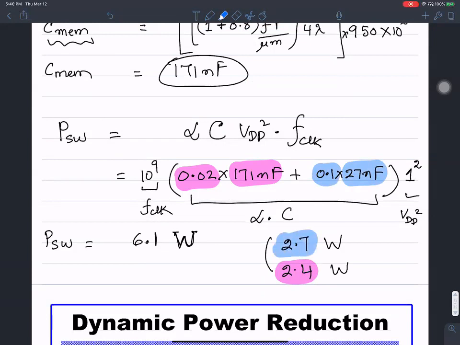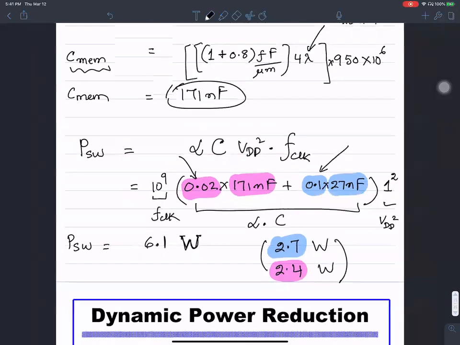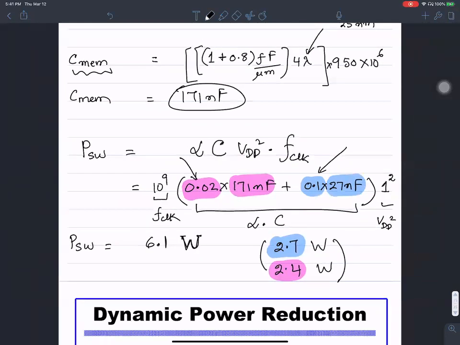Both of these power components are comparable, and that alludes to the fact that the switching factor, the activity factor alpha, is an important parameter. Questions, please. Questions so far?